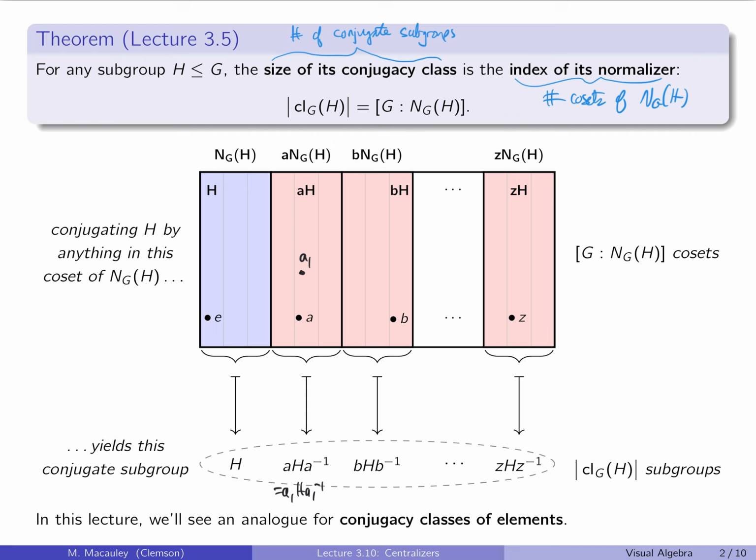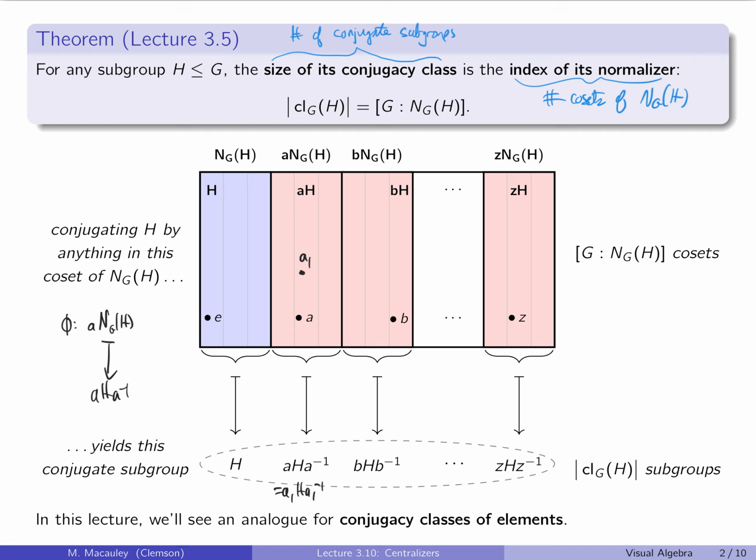The proof is just to exhibit a bijection from these things down to here. Explicitly, we define phi that takes a coset and sends it to A H A inverse, and we show that this map is well-defined, one-to-one, and onto.